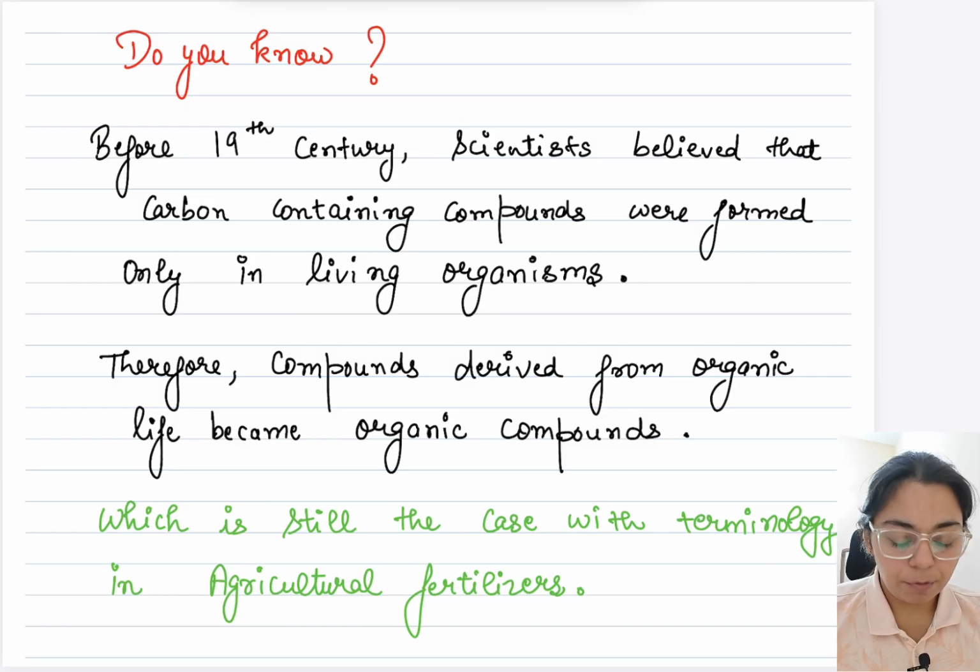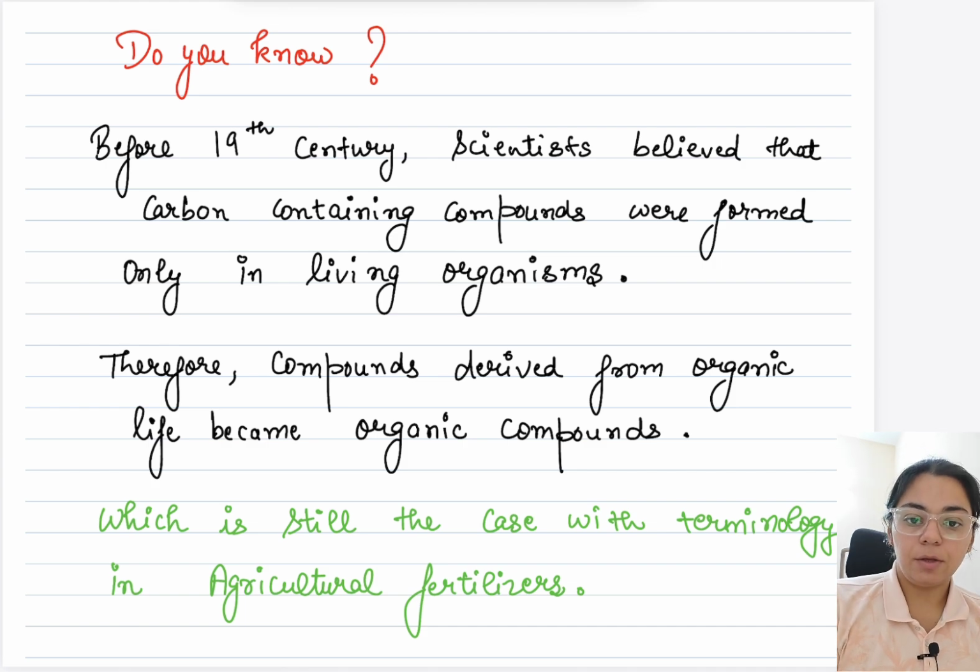But before we move forward, this is the case in agriculture still, not in complete agriculture, only when we talk about agricultural fertilizers terminology. When we call organic fertilizer, what comes to your mind? The farmyard manure, all the organic manures that we are taking directly from living beings only.